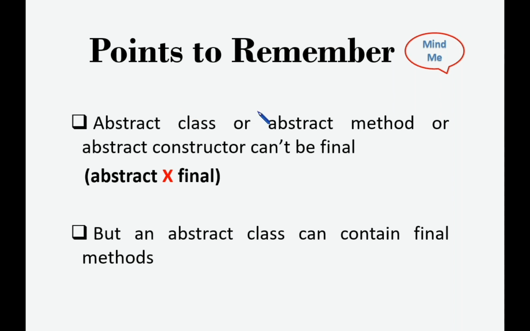An abstract class, abstract method or abstract constructor can't be final. That means we can't combine abstract and final modifiers together. These are the illegal combinations. Whereas an abstract class can contain final methods. Yes, inside an abstract class we can define a final method.